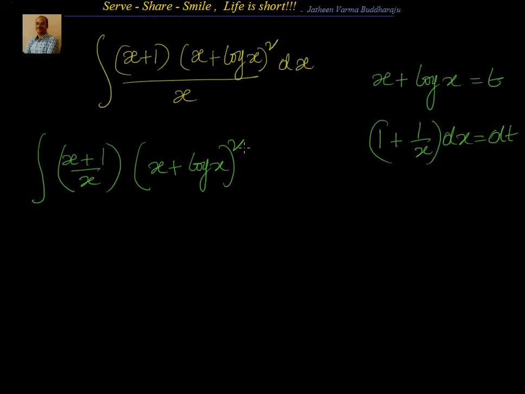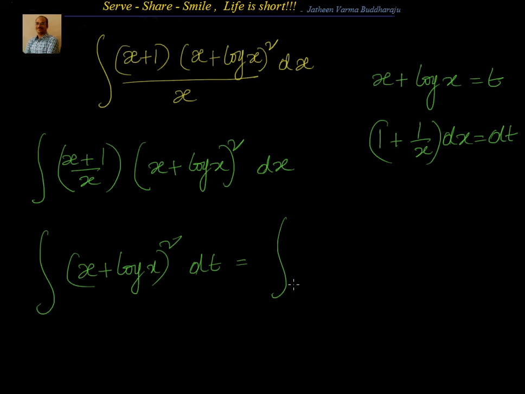So it's in the form of f of x whole to the power of n into f dash x. That means I can cancel this whole part by taking it as x plus log x whole square, and x plus 1 by x into dx is dt, but x plus log x is t, so I'll have integral of t square dt, which is pretty simple, t cube by 3 plus c.